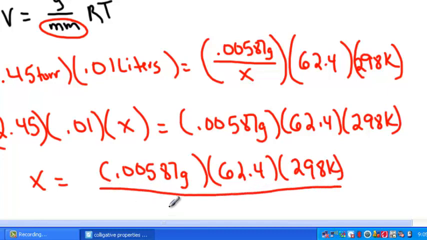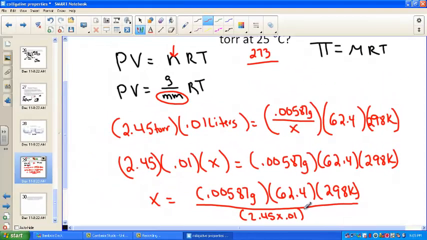So X equals 0.00587 grams times 62.4 times 298 over 2.45 times 0.01. Let's see if we can hit for the molar mass of this very large protein molecule. I expect it to be quite a large number. Proteins are enormously sized molecules. 0.00587 times 62.4 times 298, divided by parentheses 2.45 times 0.01.